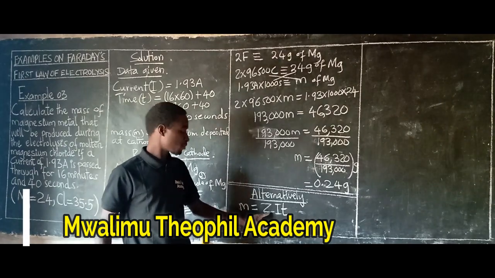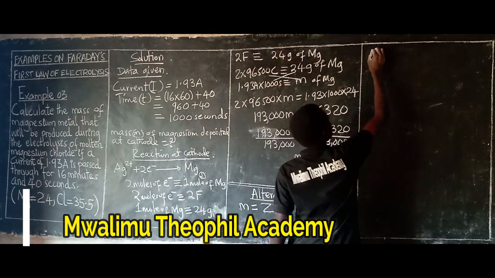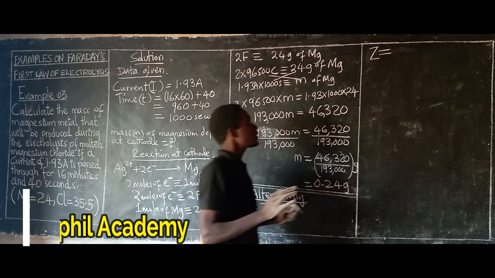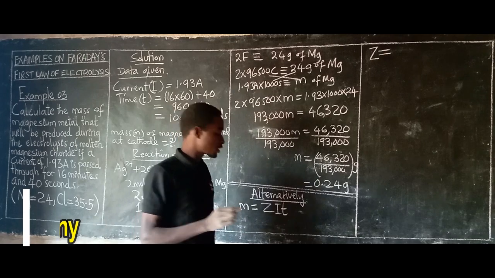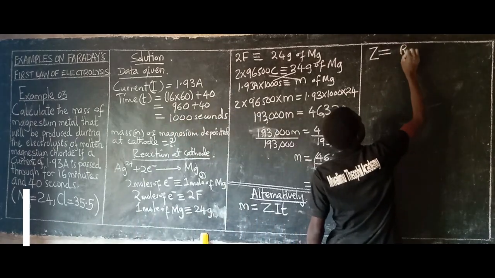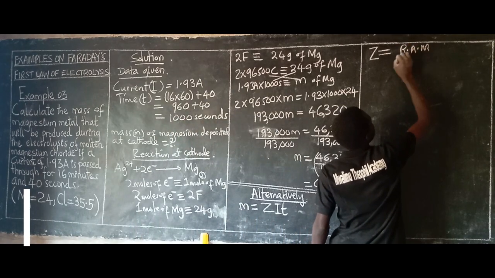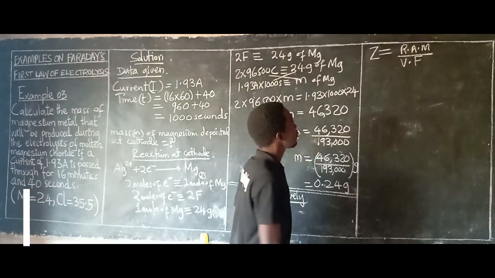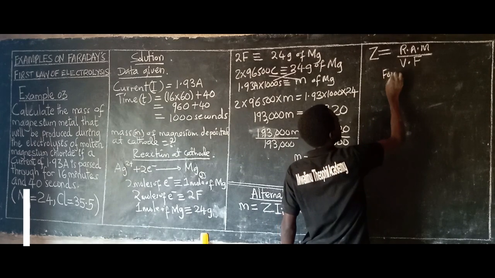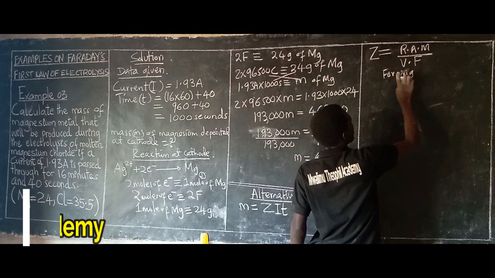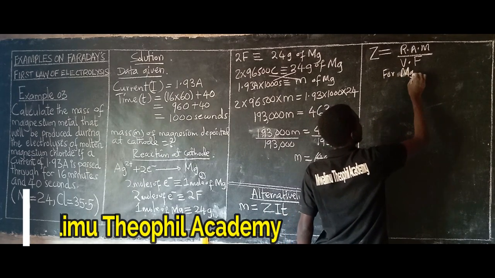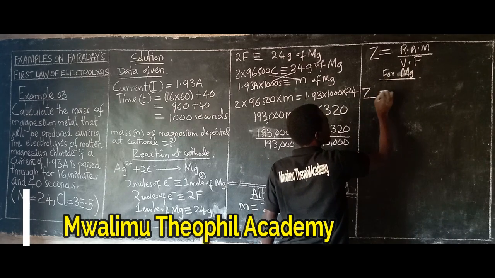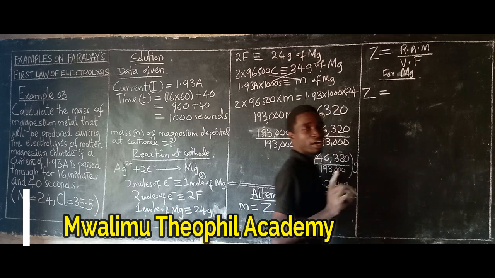To calculate Z, the electrochemical equivalent, I told you that the electrochemical equivalent of any element is equal to relative atomic mass over valence times Faraday's constant. So for magnesium, the value of electrochemical equivalent will be equal to its relative atomic mass.